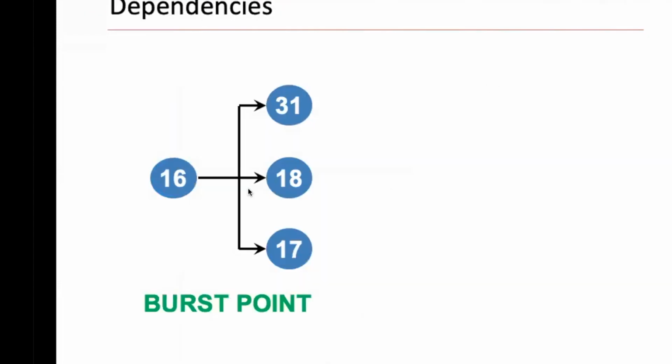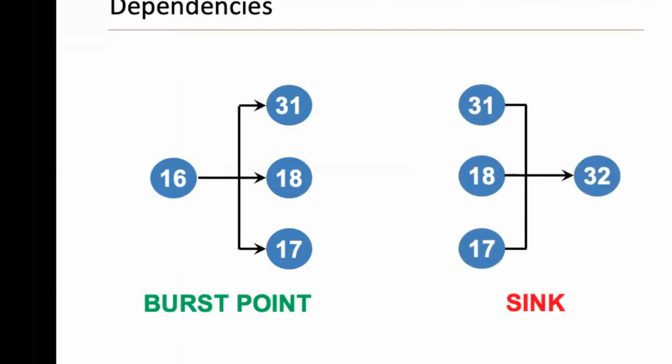Sometimes after one activity, which we call a burst point, there will be multiple activities that can start. And sometimes before an activity, like in this case 32, activities 31, 18, and 17 should be completed before it starts, and we call it a sync.